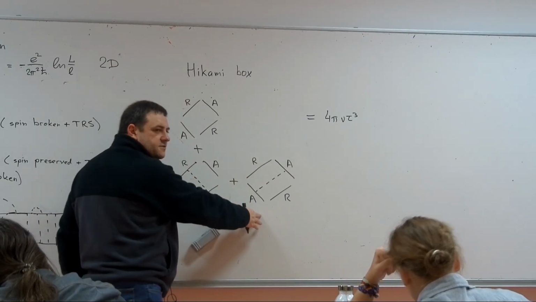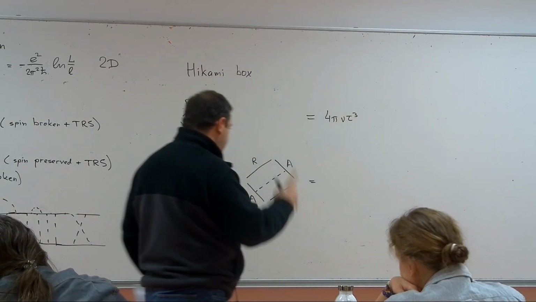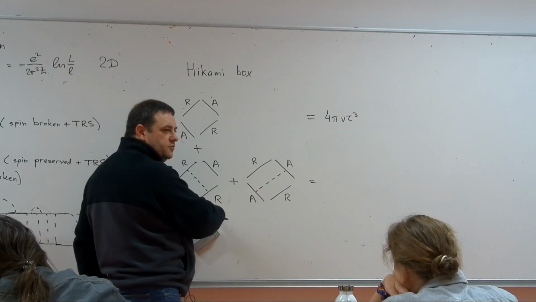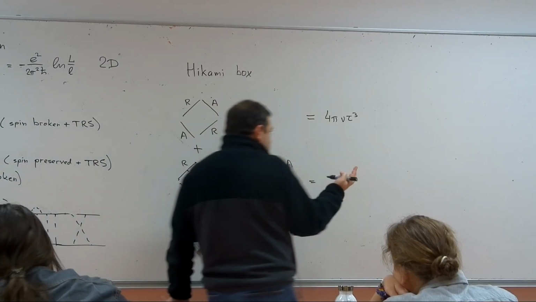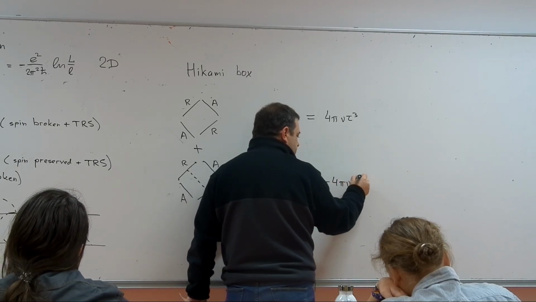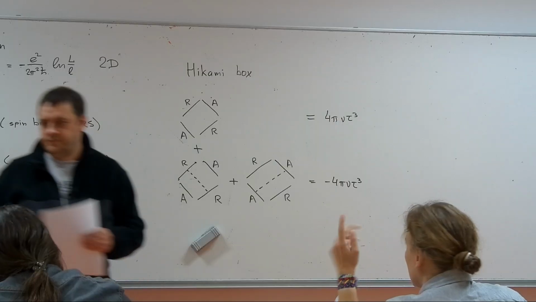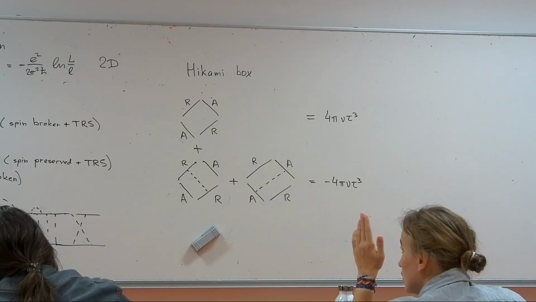We have to add these other two diagrams here. First of all, they are equal, actually. You can compute one of them and then multiply by 2. They just so happen to be equal to minus 4 pi nu tau cubed together. So when you add all three diagrams, you have 0.